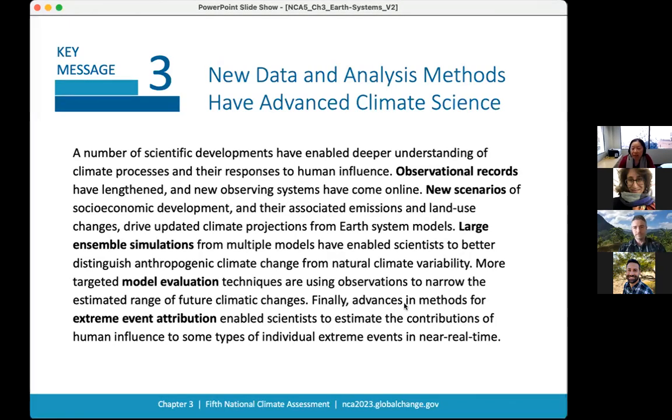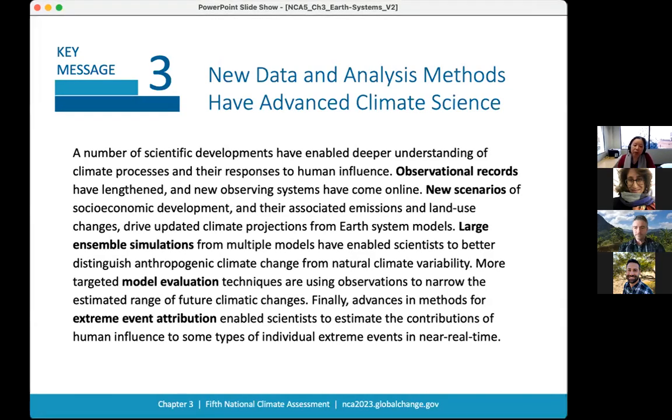And then finally, there are advances made in the methods for extreme event attribution, which enable scientists to estimate the contributions of human influence to some types of individual extreme events in near real time. So here we talk about advances in the methodology that are now being used to do extreme event attribution, which really allow us to look at a broader range of different types of extreme events.